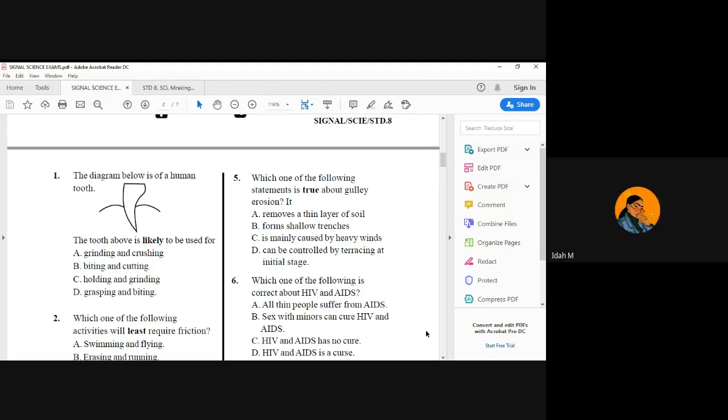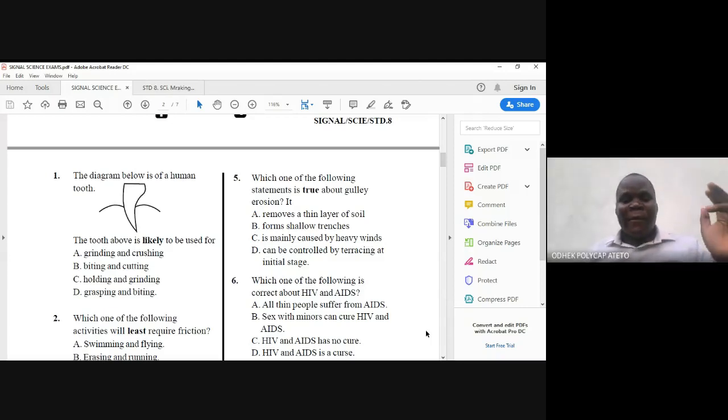So the first thing that you need to know, anytime you get a question on soil erosion, make sure that you know what types of soil erosion we have. Number 1, gully: deep U, V channels. That's number 1. Is that correct? Number 2, we have rill. Rill is shallow channels.